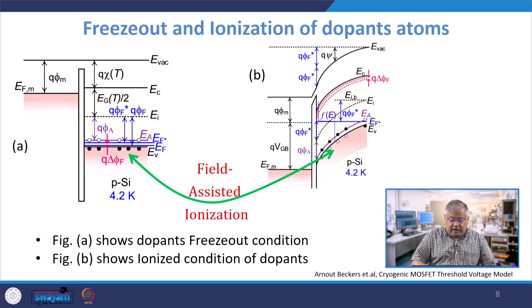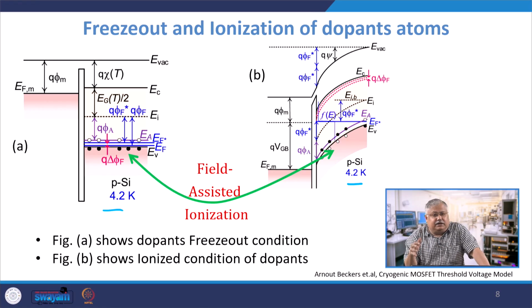Let me now come to the last stage before we end the session here. Let me compare p type silicon only at 4.2 Kelvin again here, but let us look at the field assisted ionization difference. On the left hand side, since I did not apply any bias, there is no field assisted ionization, and as you can see EF, EA, EV, everything is a perfectly straight line.